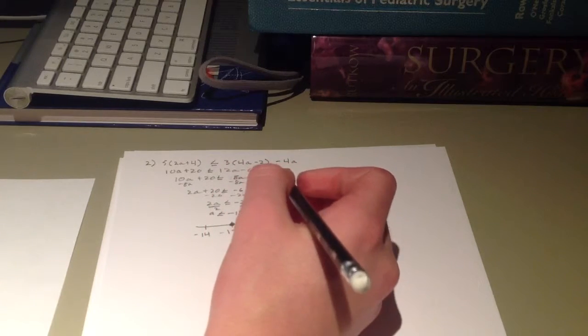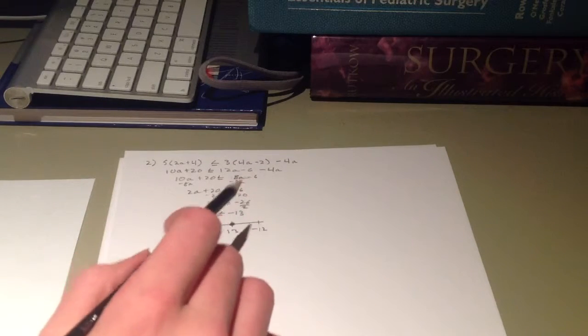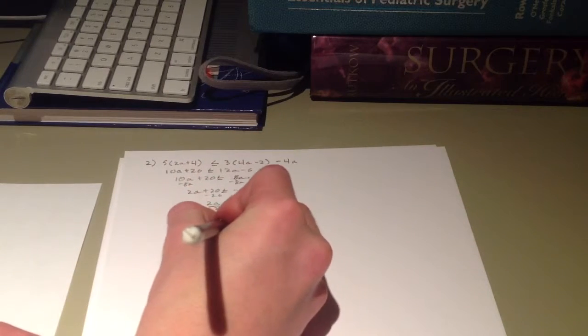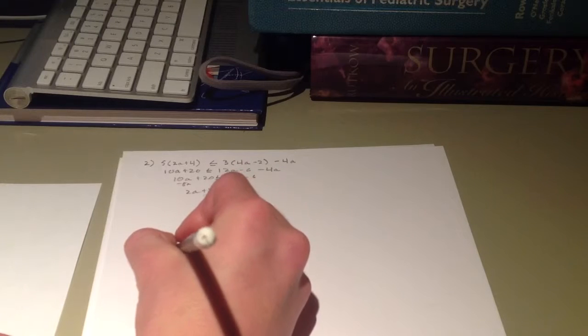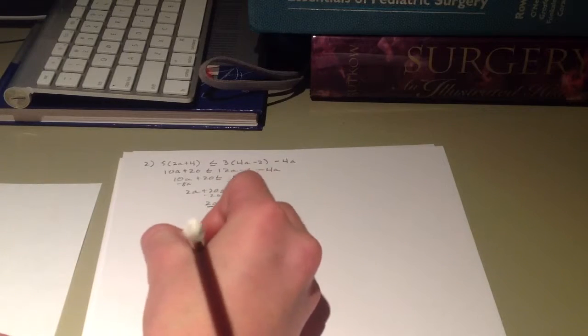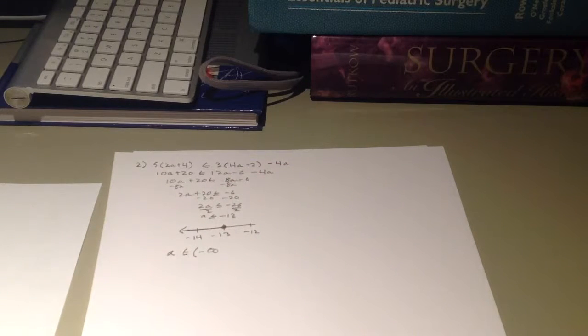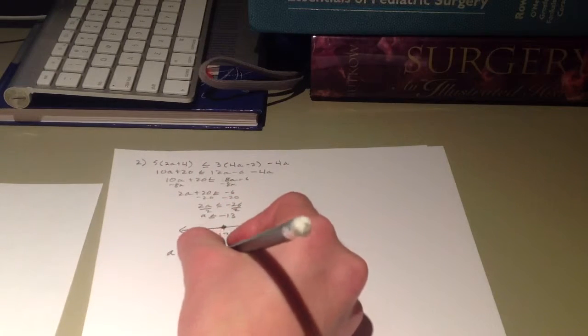Then, since a is greater than or equal to negative 13, negative infinity is the greatest to the left. So we're going to draw our arrow to the left, and we're going to say a equals negative infinity. Then the farthest number to the right is negative 13, and since the dot is solid, it means that it's going to have a square bracket.